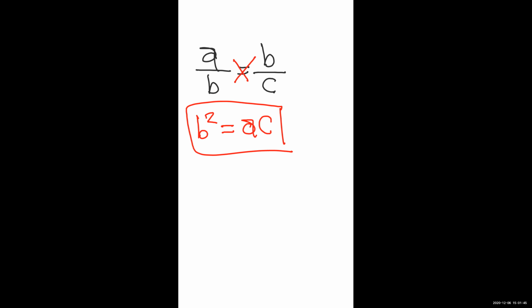So B will equal positive or negative the square root of AC. This means the middle proportion between the two quantities will equal the square root, positive or negative, of the product of the two quantities.